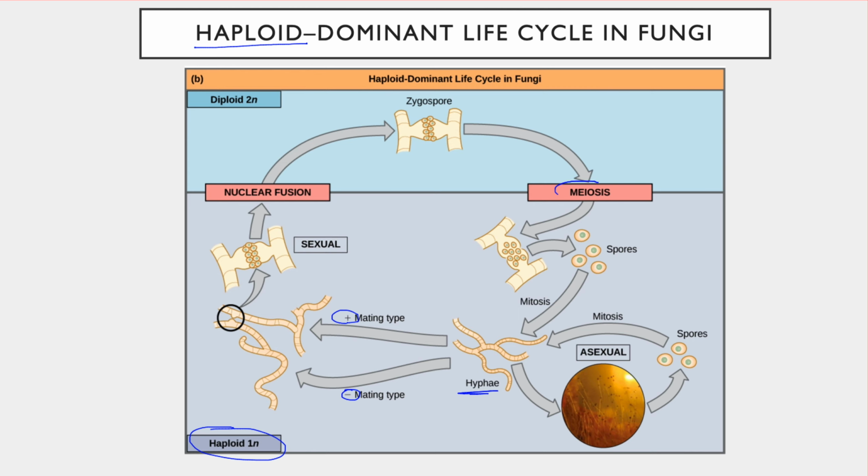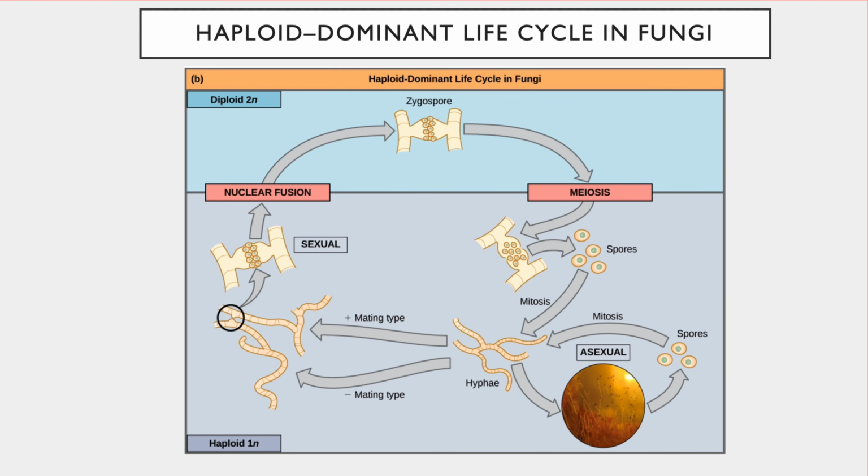They will create spores that are released, and these spores can then go through mitosis and create more hyphae cells and networks that make up the fungal organism. And so again, meiosis is very important in these particular organisms' life cycle.